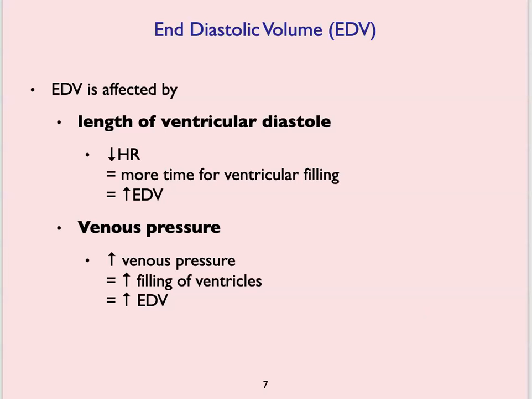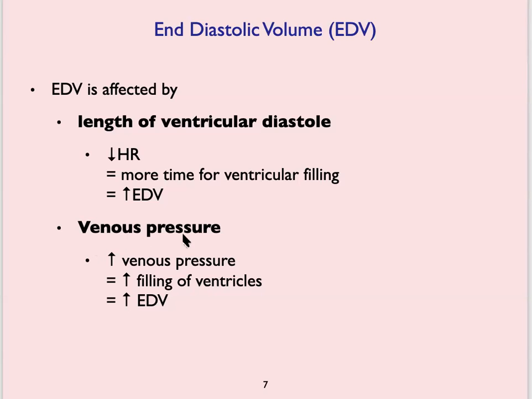The end-diastolic volume is affected by the duration of ventricular diastole, as well as the venous pressure. The mechanism is that when you decrease heart rate, it allows more time for the filling of ventricles during ventricular diastole. With more time for filling, more volume gets returned to the ventricles, increasing the end-diastolic volume.